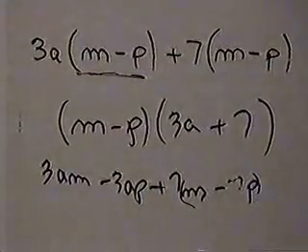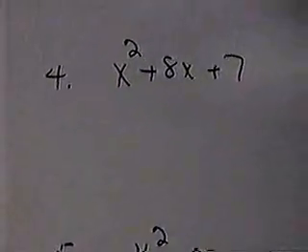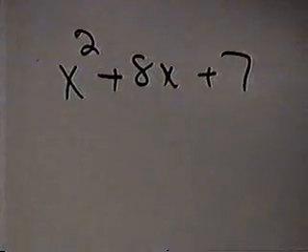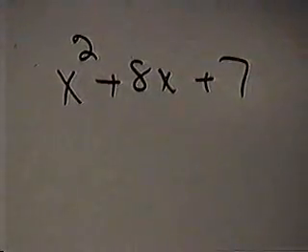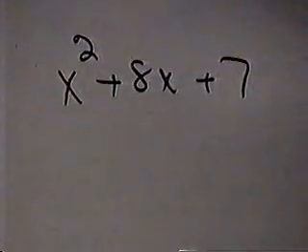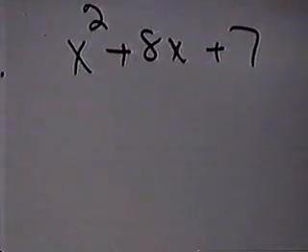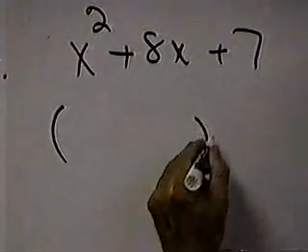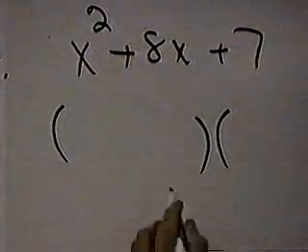All right, let's go now to the rest of the examples. Now all the rest of the examples, well, all but one, is to learn how to factor trinomials by the FOIL method. So here we go. Example 4. Put down 2 parentheses.